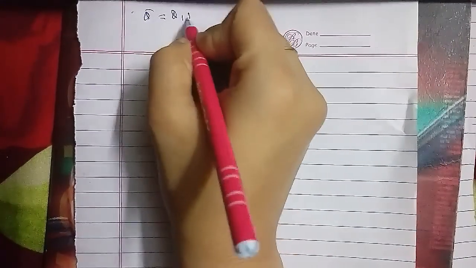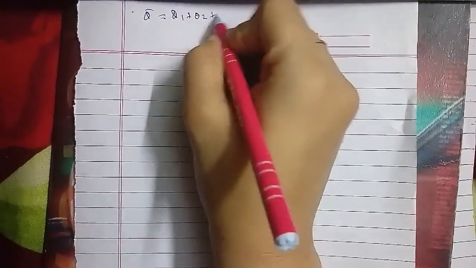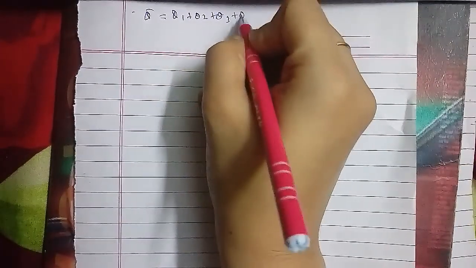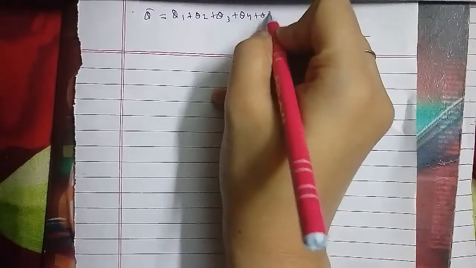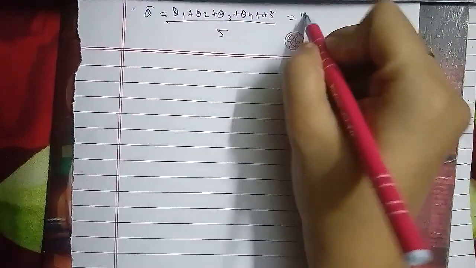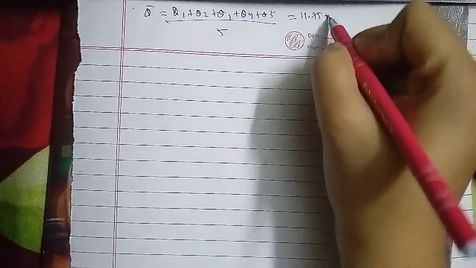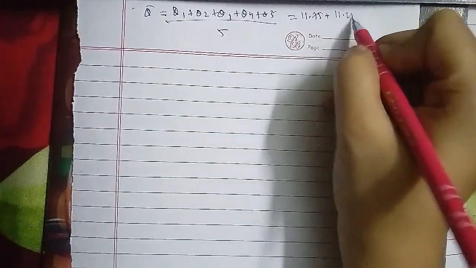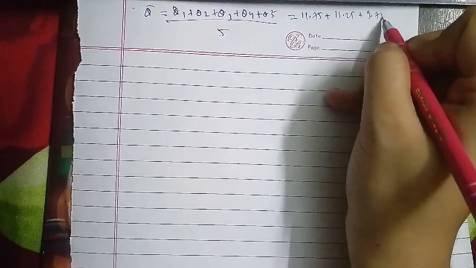So n here is 5, x bar is 9.6, minus 4, and the n minus 1, that is 5 minus 1, that is 4, times 9.6, which we found out here. And when we solve it out, we get 9.6 here.